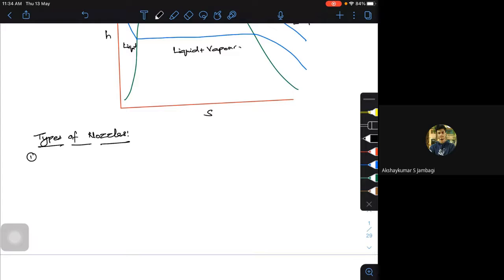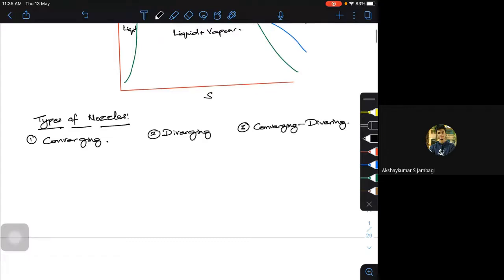One is converging, the second one is diverging, and the third one is converging and then diverging. So this is called a CD nozzle.